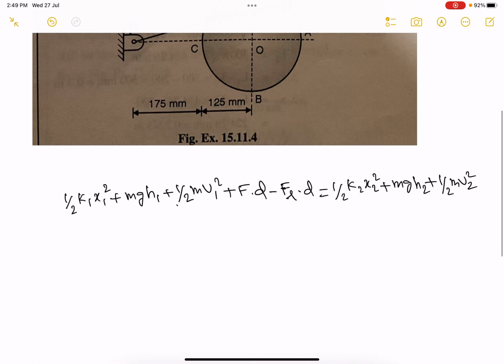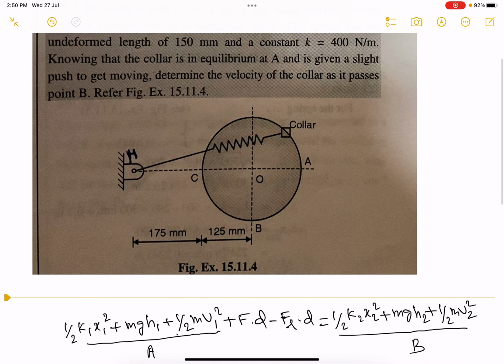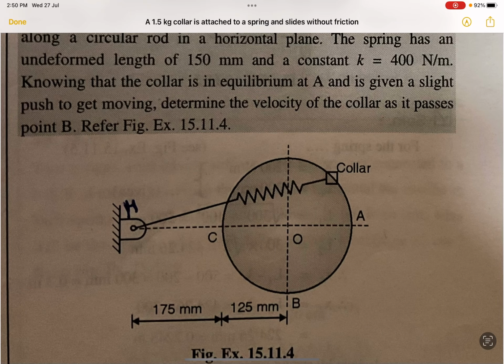This part of the equation is for position A, and this part is for position B. If A and B are at the same level, we can immediately say that the potential energy of this collar at A and at B will be the same. So we can strike out the potential energy.